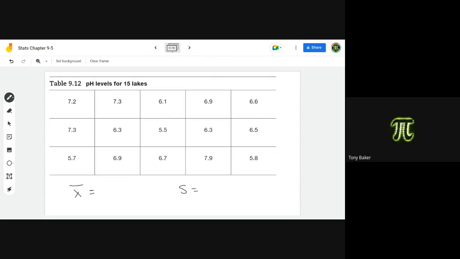Remember, if you're using samples in the standard deviation calculators, this is a sample. So make sure you choose sample and not population.